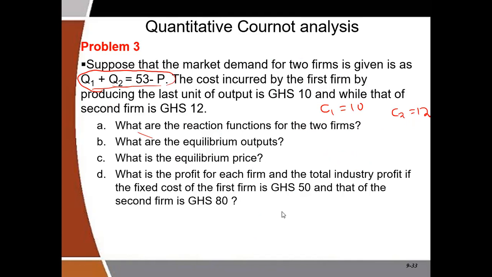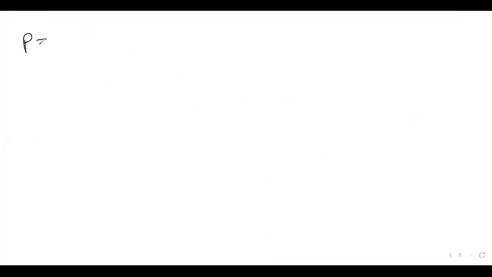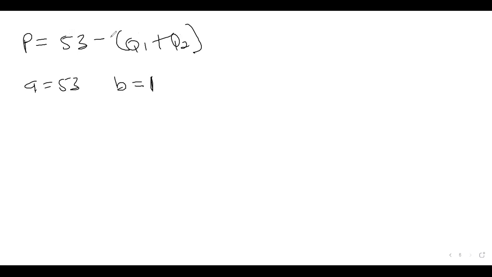Okay, so now let's go back to our drawing board. Once we change, we have price is equal to 53 minus into bracket Q1 plus Q2. All right, so from this inverse demand function, we have A is equal to 53, and B is equal to 1 because there's an imaginary 1 here.